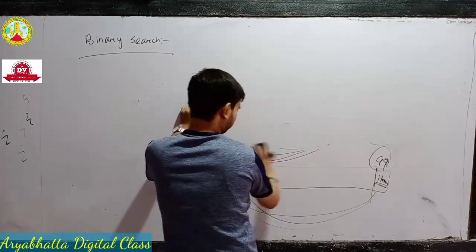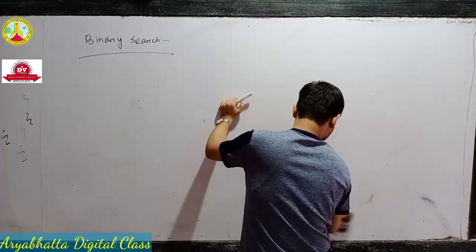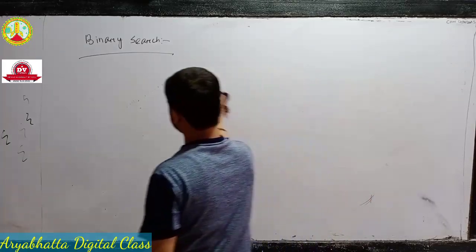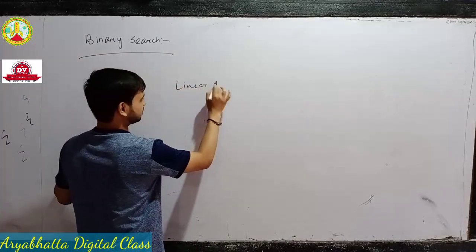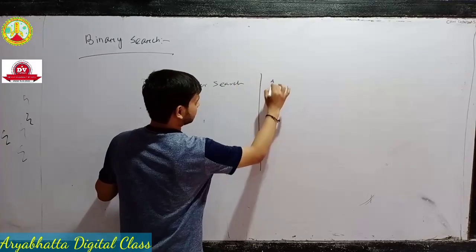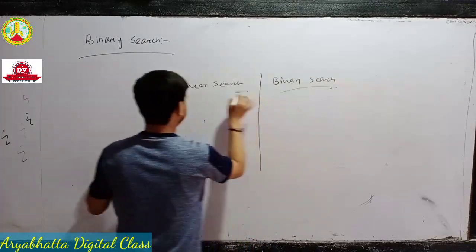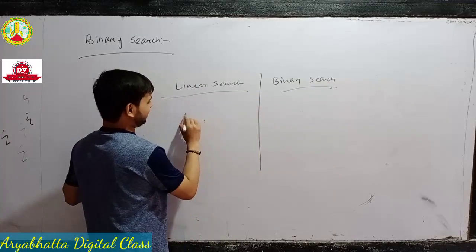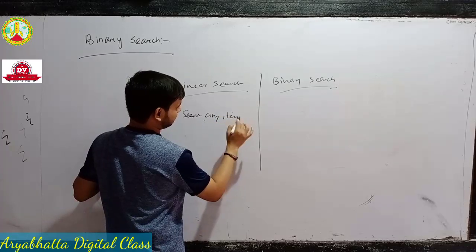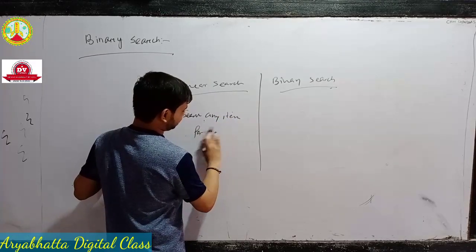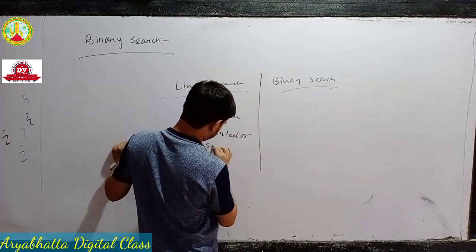Once again, in linear search we can search any item in a sorted or unsorted array.